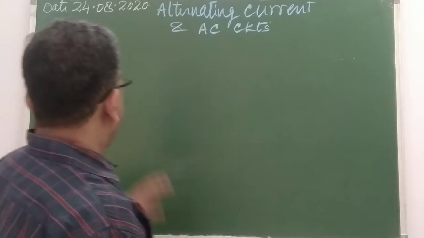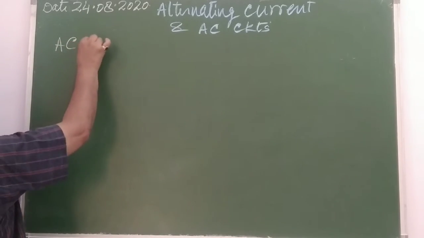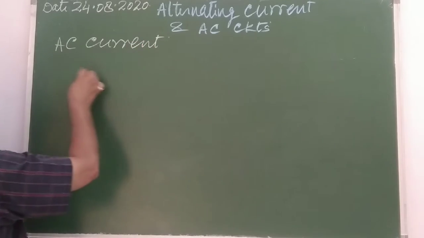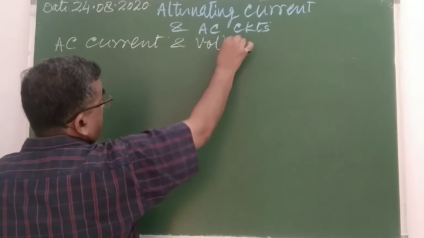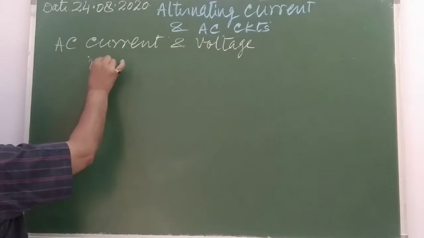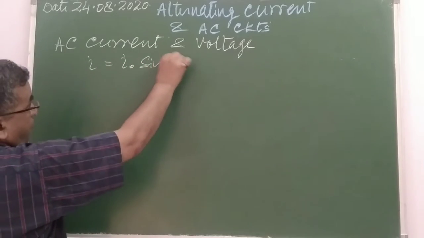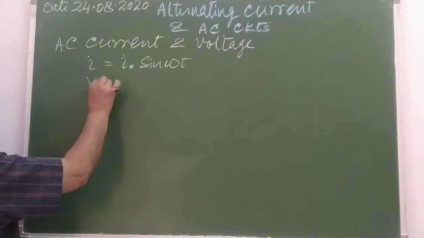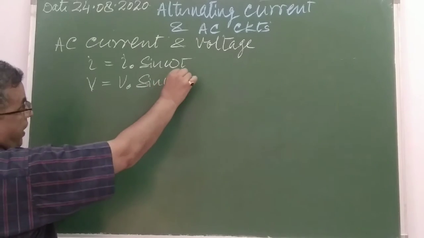So for AC current and voltage, I equals I0 sin omega t and V equals V0 sin omega t.